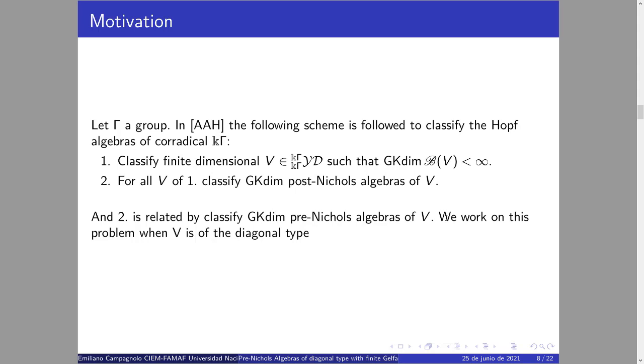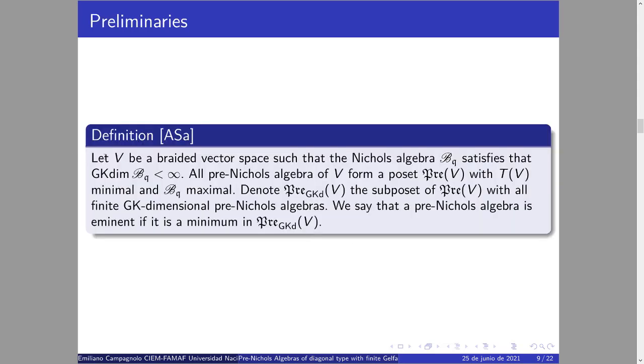We work on this problem when B is of diagonal type. Okay, let B be a braided vector space such that the Nichols algebra B_Q satisfies that the Gelfand-Kirillov dimension is finite.